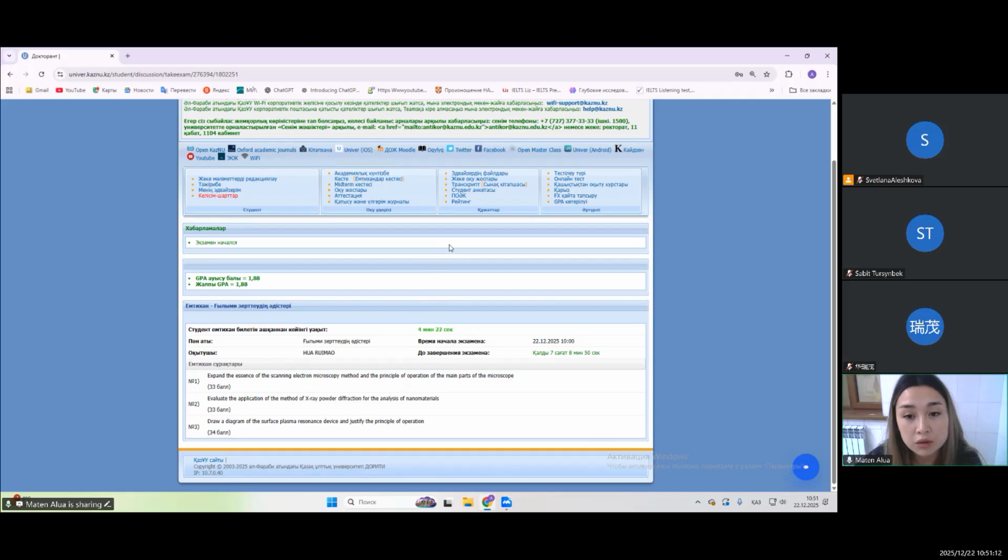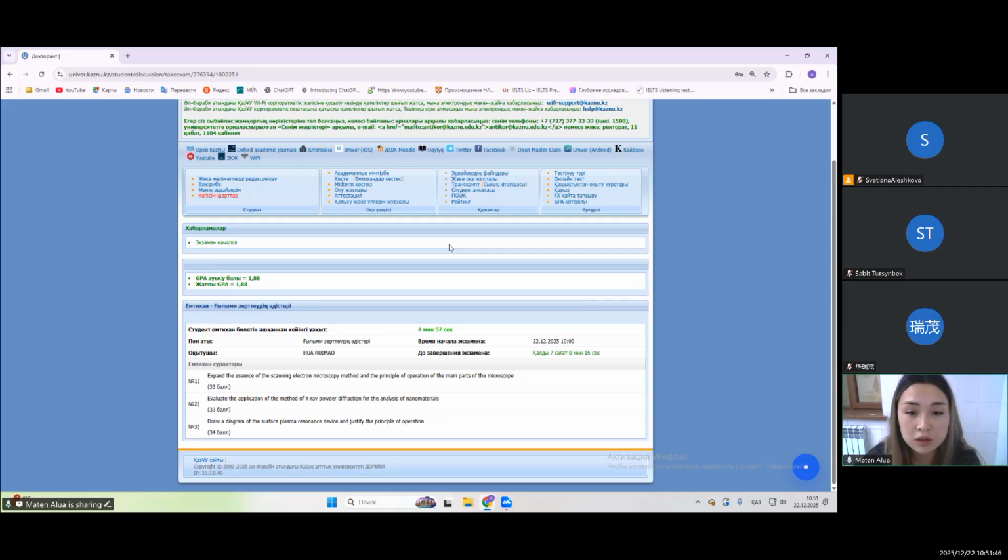Scanning electron microscopy, or SEM, is a powerful analysis method used for investigating the structure, morphology, microstructure, and composition of materials, with high spatial resolution. Unlike optical microscopy, SEM uses a focused beam of high-energy electrons instead of light.